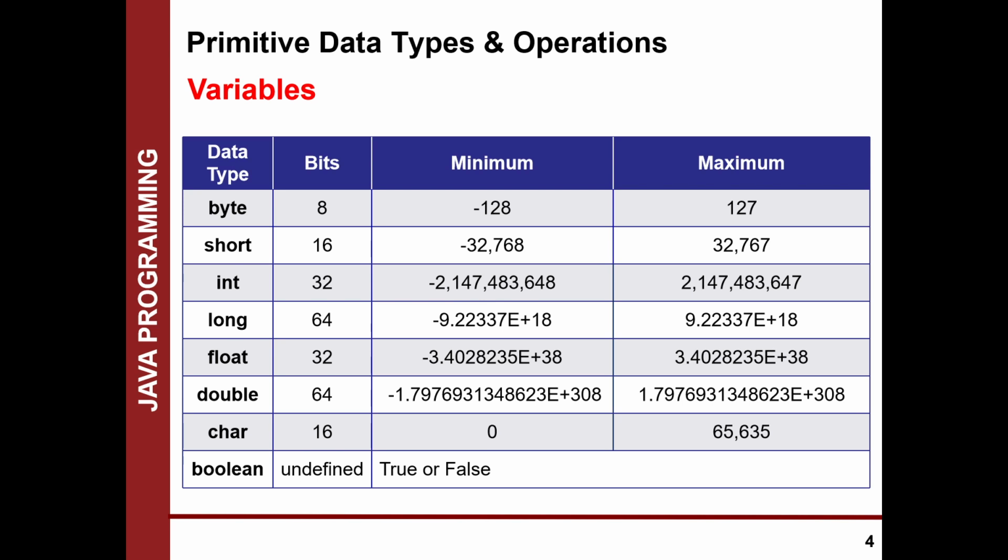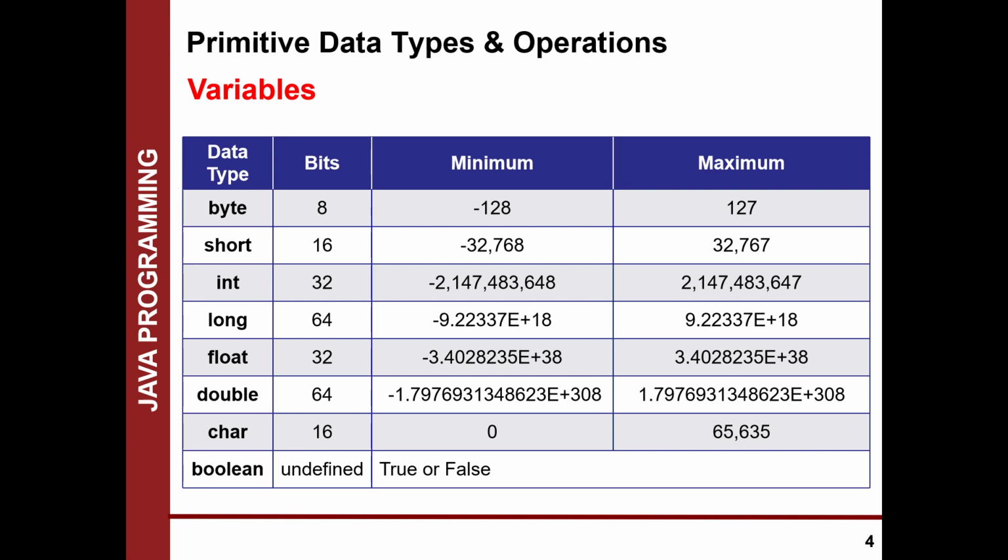So if you declare a variable with the data type byte, it means that the computer is going to leave 8 bits, which can only store -128 up to +128. So any number within this range, you can use byte.